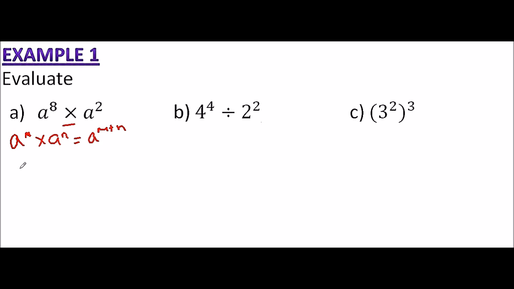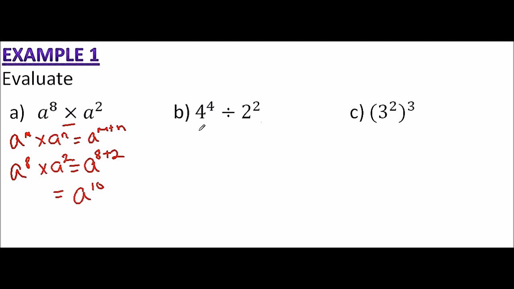Therefore, a to power 8 multiplied by a to power 2, since they have a common base, can be written as a to power 8 plus 2, which will give us a to power 10.